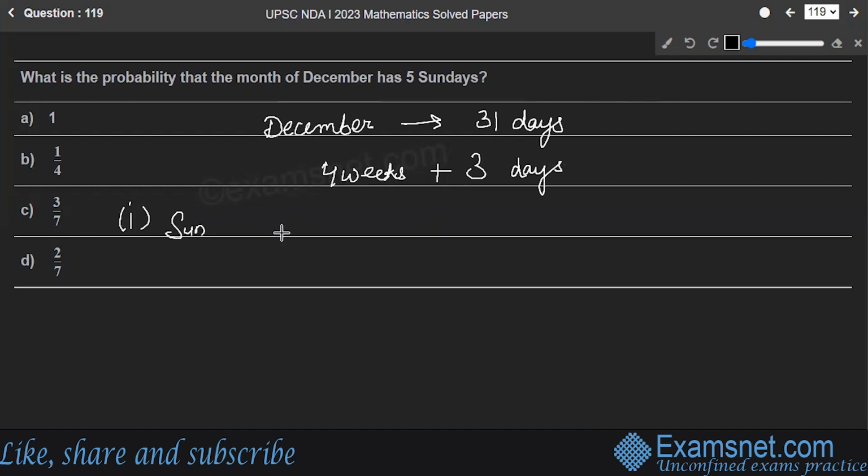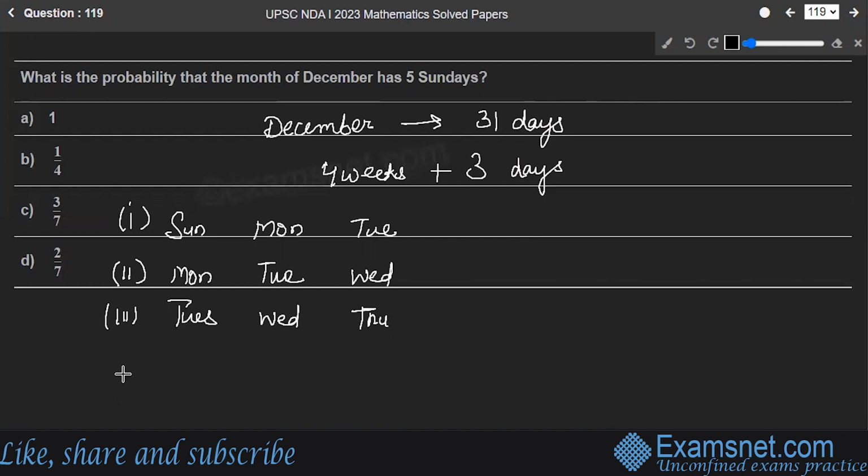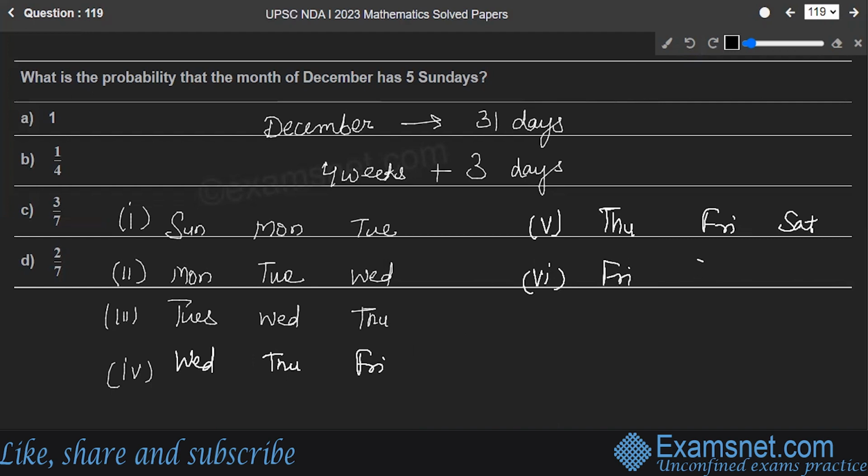First, it can be Sunday, Monday, Tuesday; or Monday, Tuesday, Wednesday; or Tuesday, Wednesday, Thursday; or Wednesday, Thursday, Friday; or Thursday, Friday, Saturday; or Friday, Saturday, Sunday; or Saturday, Sunday, Monday.